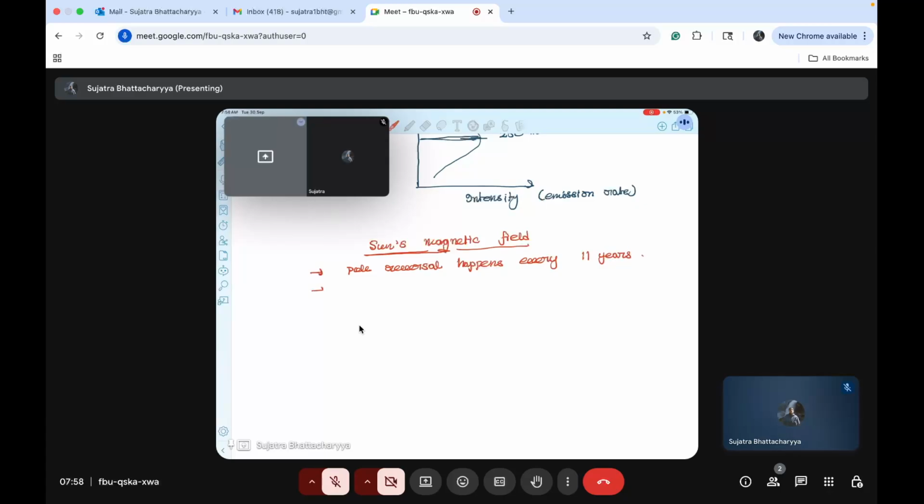So you can find sunspots, then coronal mass ejections, then you have plasma. Okay, these are more or maximum during the solar maximum.